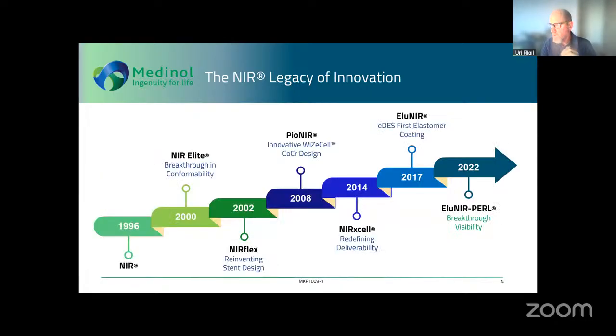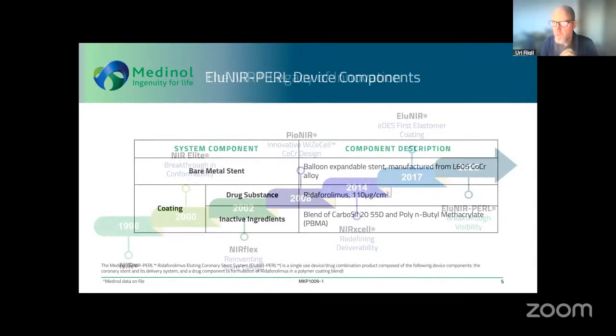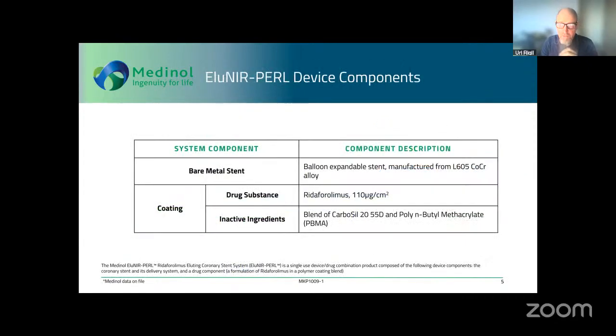Since then, we obviously continued to innovate, and today we're introducing the 7th generation of our drug-eluting stent, the Elunier Pearl, which I'm going to discuss more in detail today. To start with, the Elunier Pearl has different components. The bare metal stent is a balloon expandable cobalt chromium L605.